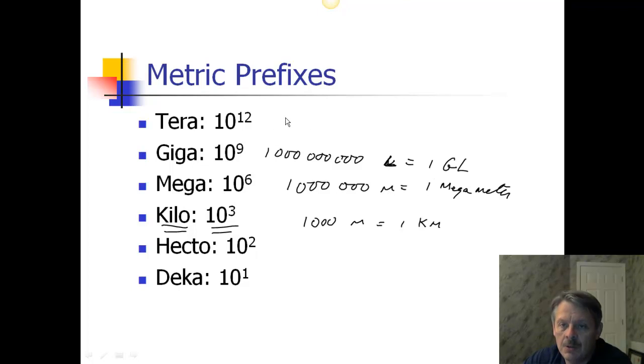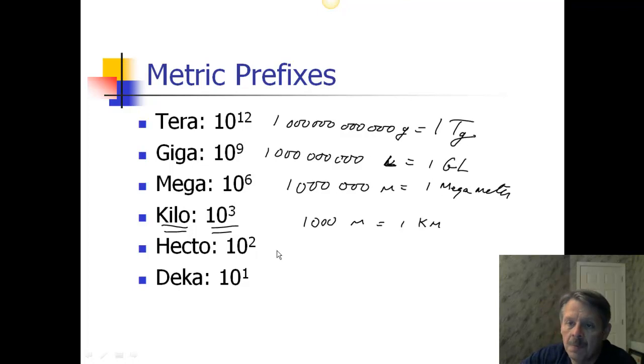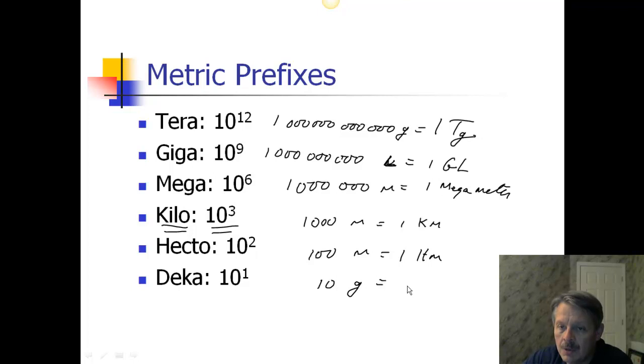I could use this one for grams, so I could say there are 1 trillion grams in 1 teragram. Similarly down here, notice it's 10 to the 2, that's 2 zeros. That's 100 meters in 1 hectometer. Down here there are 10, let's say grams in 1 decagram.